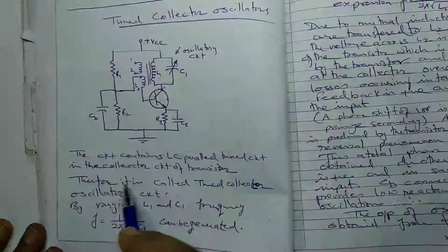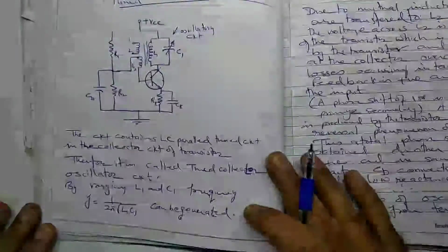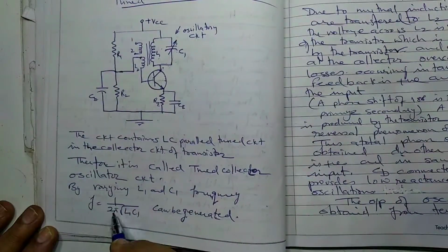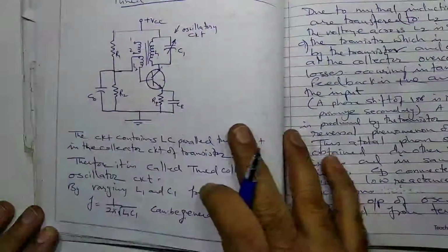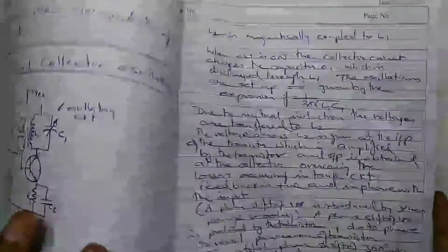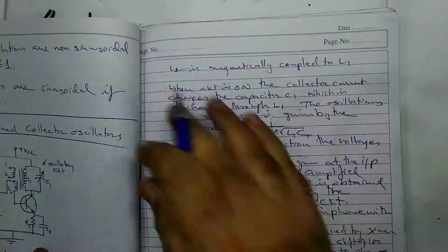Therefore, it is called tuned collector oscillator circuit. By varying L1 C1, frequency F is equal to 1 upon 2 pi under root L1 C1 can be generated. So any frequency can be generated or selected with the help of the values of L and C.